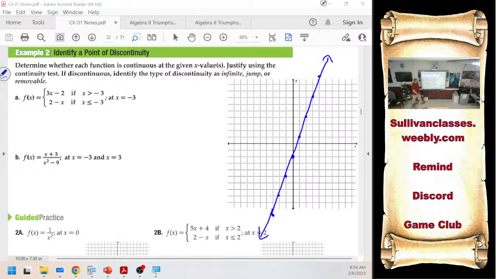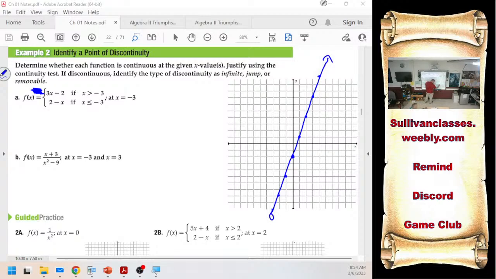Okay, so that is this graph, but I only care about it when x is greater than negative 3. So I go to x is negative 3, all the way down, and I will put an open circle right now.